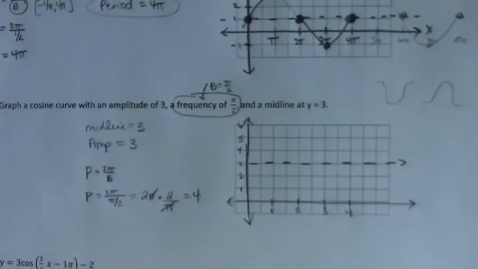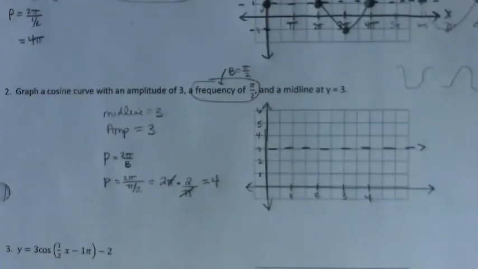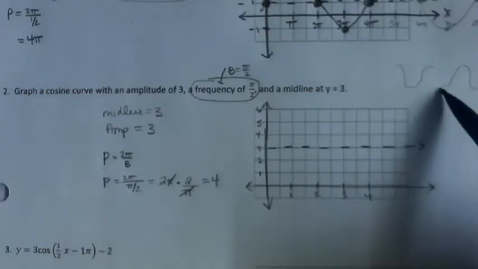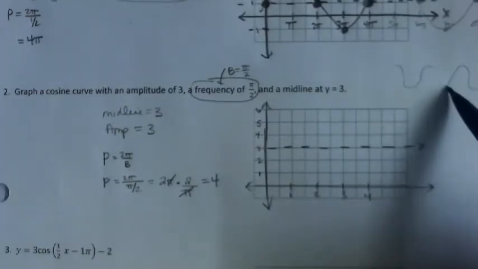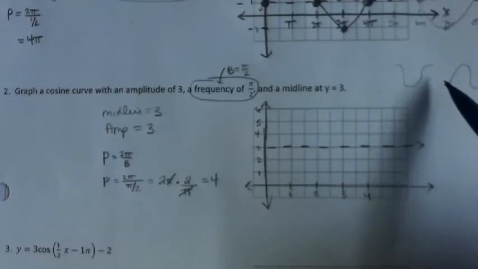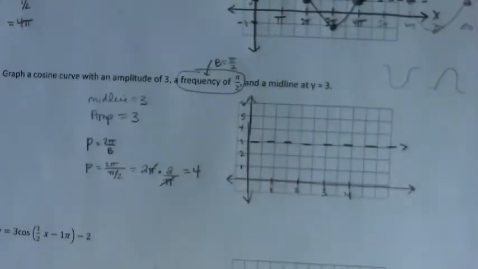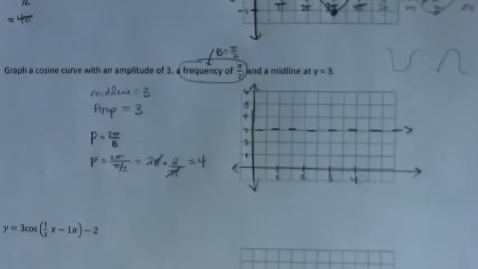You could get away with either. They did not give any descriptive information to let you decipher. If you drew it like this, a negative cosine, you'd still have an amplitude of 3. You still could do your period appropriately with 4 and a midline at 3. Either way is actually fine here. I'll do a negative cosine curve just to be the devil's advocate. I think most people would just do the positive when in doubt. They really didn't give enough information here.